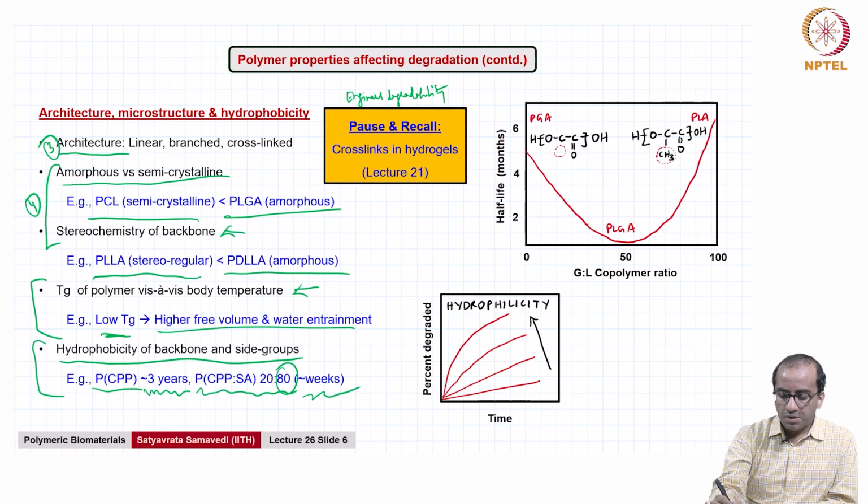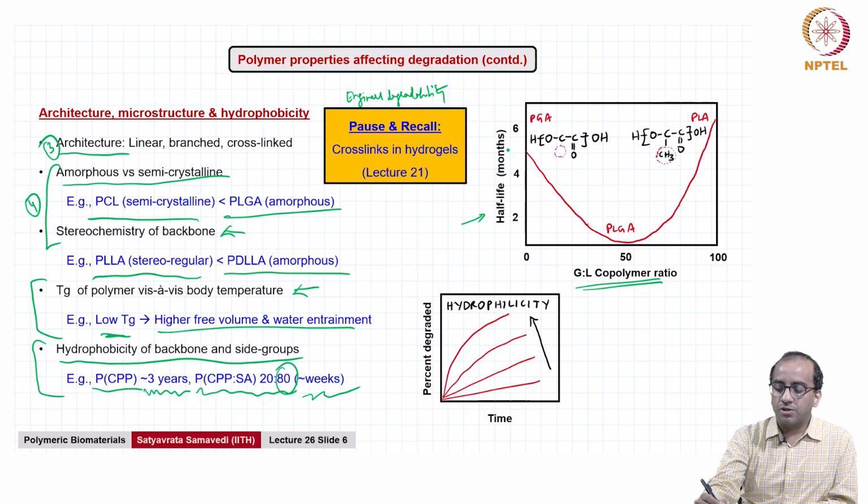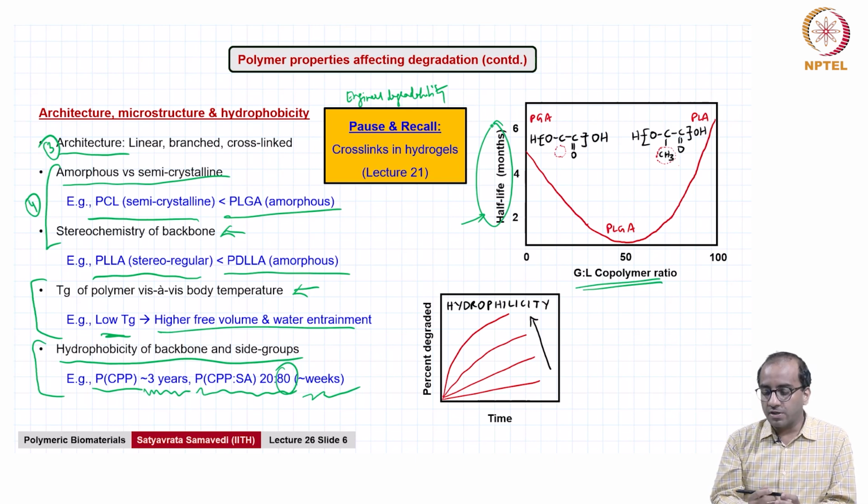And shown here is just the ratio of glycolide to lactide in the PLGA copolymer, and what you are plotting on the y-axis is the half-life. So, essentially you are tracking degradation as a function of varying copolymer ratio.